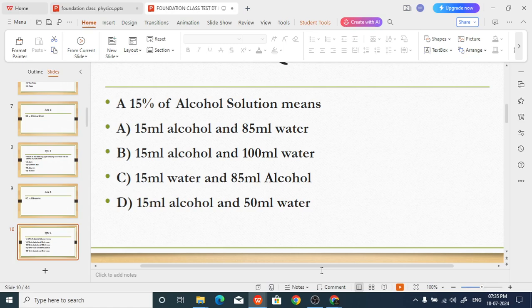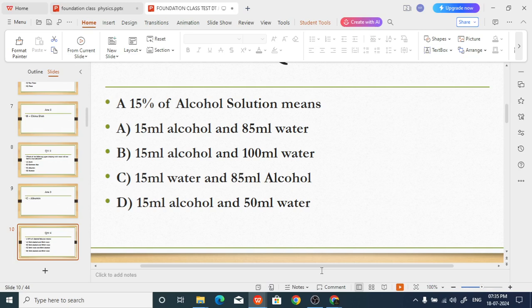Sir, because 15% of 100 is 15 ml. I think you have not explained it properly.